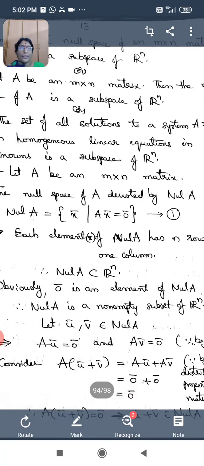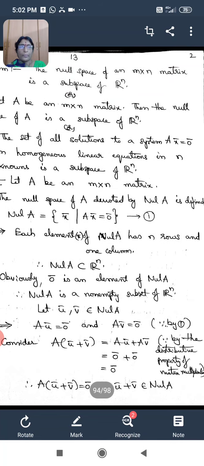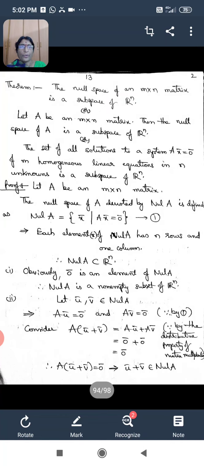This we can do by using the distributive property of matrix multiplication. As the distributive property exists in matrix multiplication, we can say that A times u bar plus v bar is equal to A u bar plus A v bar.